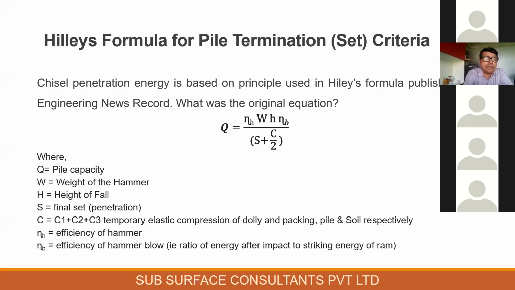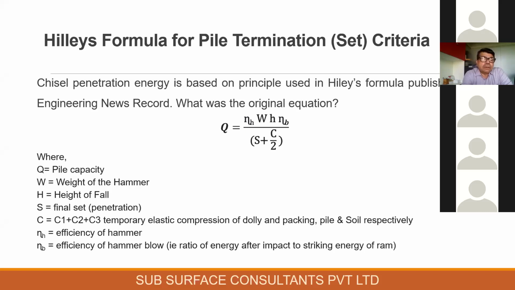This C2 actually comprised all of that. So C1, C2, C3 were combined into a sort of constant C, and then S is added to that. So what is important in this equation is that other than S and Q, everything else is constant.